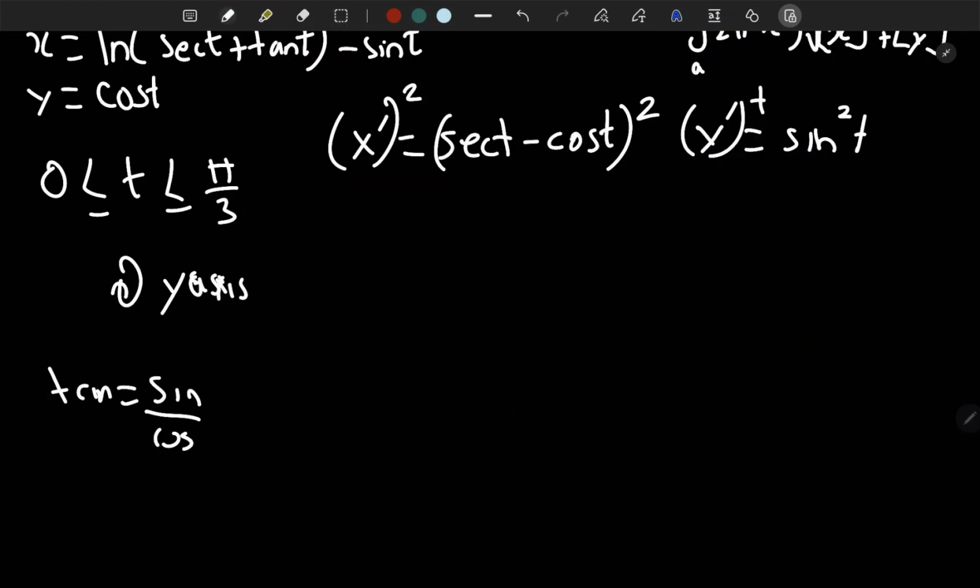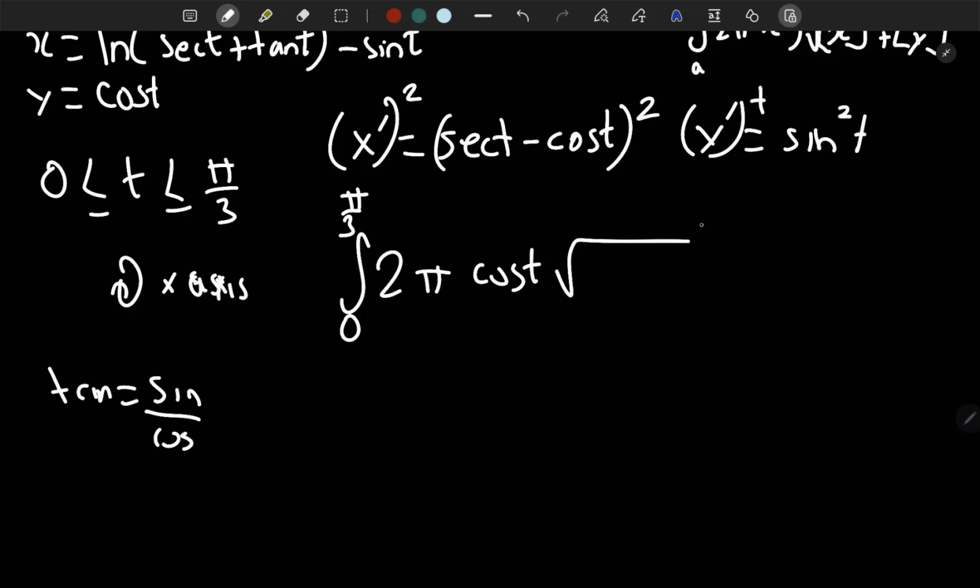So the final integration would be from 0 to pi over 3 of 2 pi, and then we have the x-axis, right? So x is going to be cosine t, and then we have the integration of the square root of secant t minus cosine t, squared, plus sine squared t.